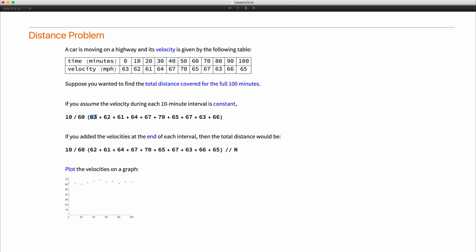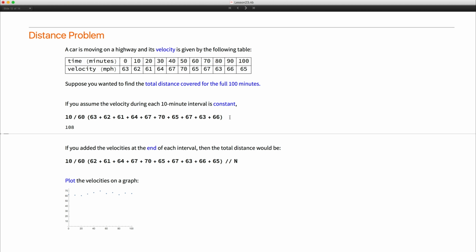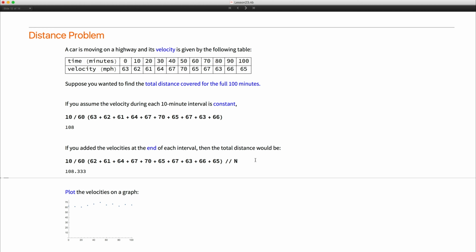So you take 63, 62, 61, etc. from here, and you get back the sum, which is just the distance covered. But you could also take the heights to be the velocities at the right endpoints, like I've done over here, in which case you get back the answer 108.33.